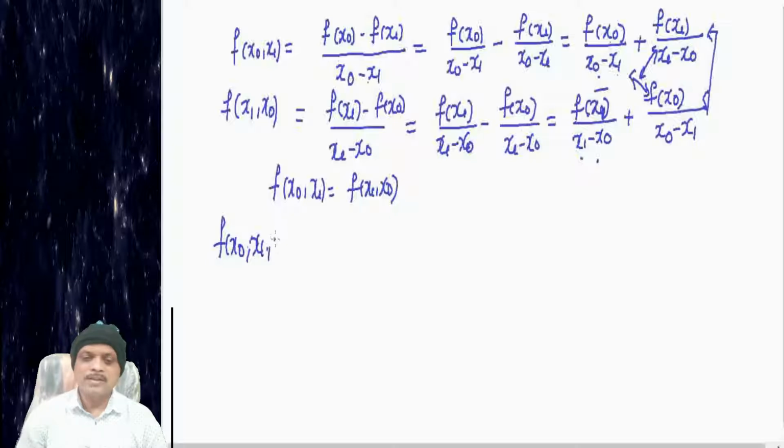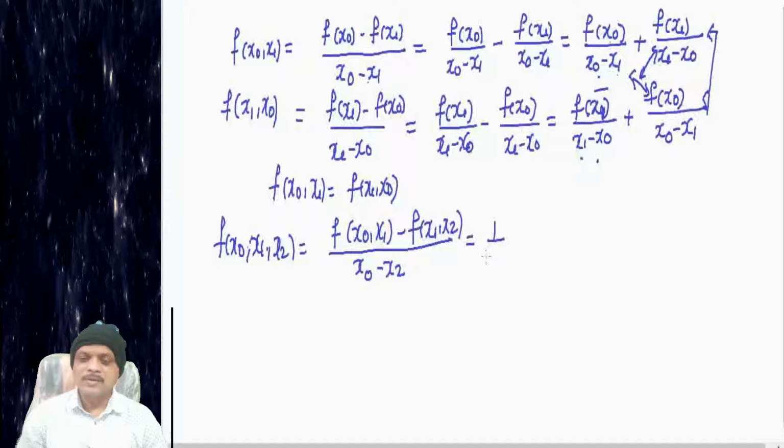Now let us check for three arguments, f of x0, x1 and x2. By definition this is f of x0 comma x1 minus f of x1 comma x2 divided by x0 minus x2. We write this as 1 divided by x0 minus x2, and for these two we apply the definition.